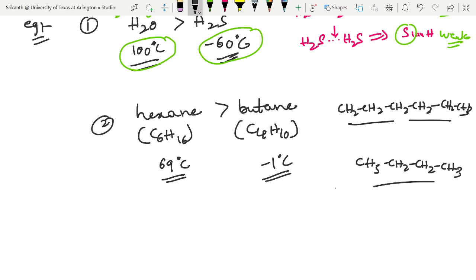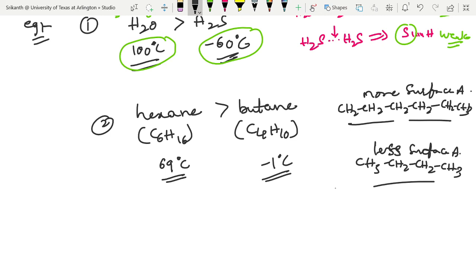So this is butane. We have butane with 4 carbon atoms and hexane with 6 carbon atoms. So in the case of hexane, more surface area, and here less surface area compared to hexane.